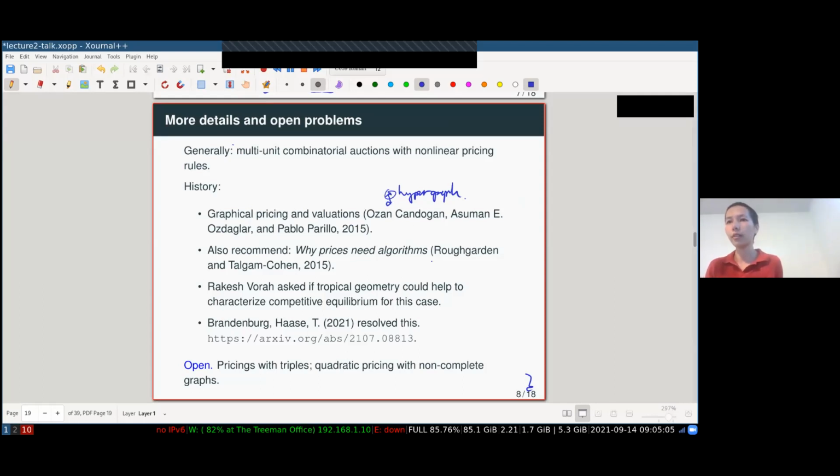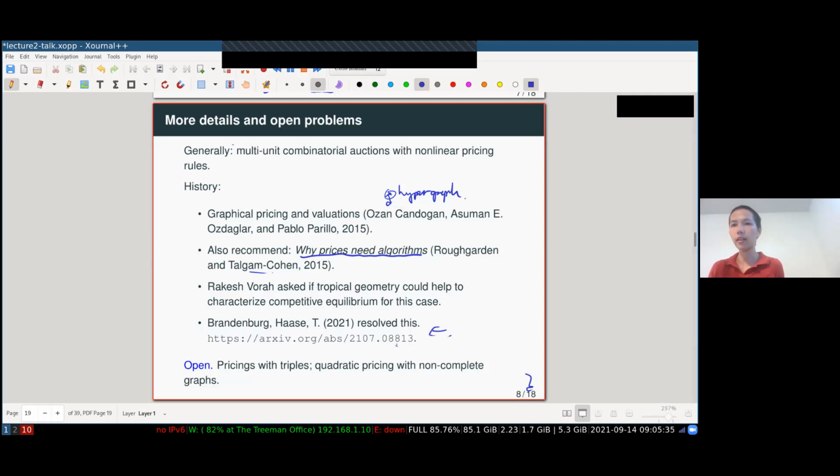I learned a lot from this paper by Roughgarden and Talgam-Cohen, called Why Prices Need Algorithms. It's a CS take on auctions that I really like. This paper was brought to my attention by Professor Rakesh Vohra, an economist at Penn, who asked whether tropical geometry could help in analyzing these more general pricing rules.